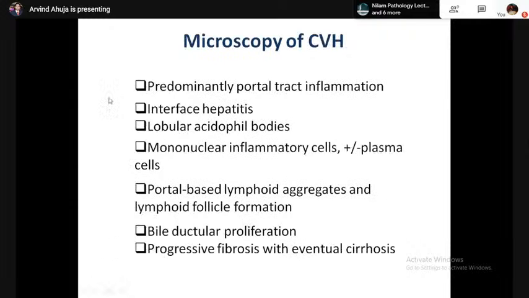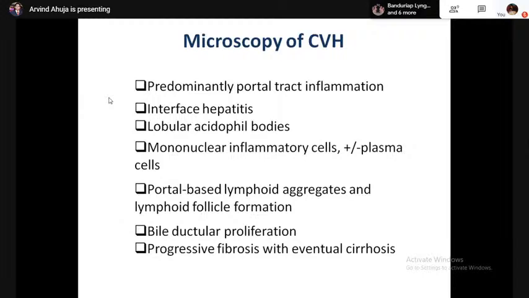On microscopy, predominantly activity is at the portal tracts. So you find predominantly portal tract inflammation. There is interface hepatitis, and similar to acute viral hepatitis, you can find the lobular eosinophilic bodies or Councilman bodies. Then there are mononuclear inflammatory cells in the lobules as well as in the portal tract.